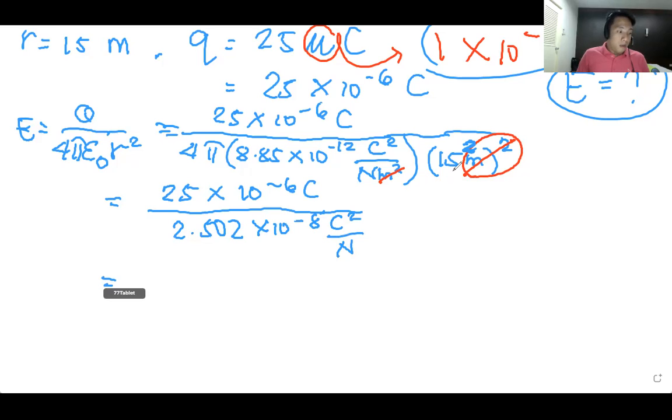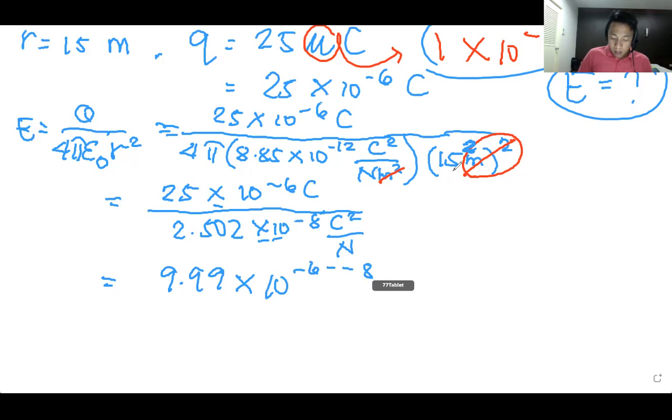After that, we will apply our learnings on how to divide scientific notations. Let us first do the numbers. 25 divided by 2.502 is 9.99, times 10, copy the 10, negative 6 minus negative 8, the answer is positive 2.